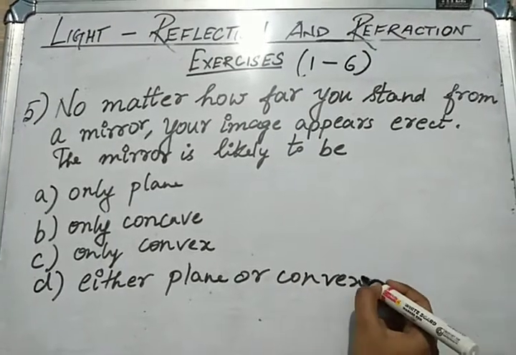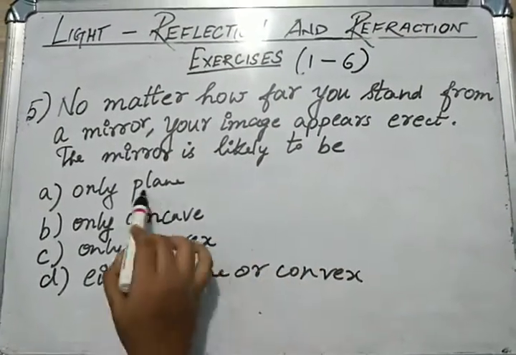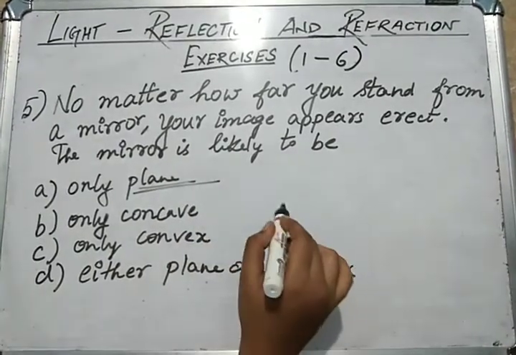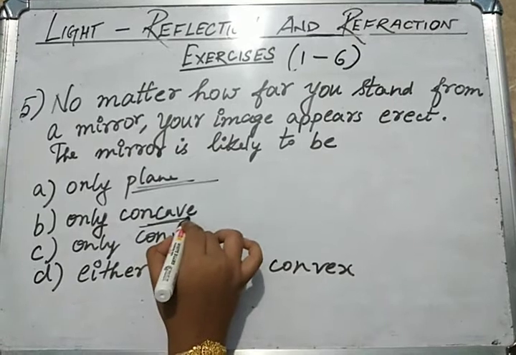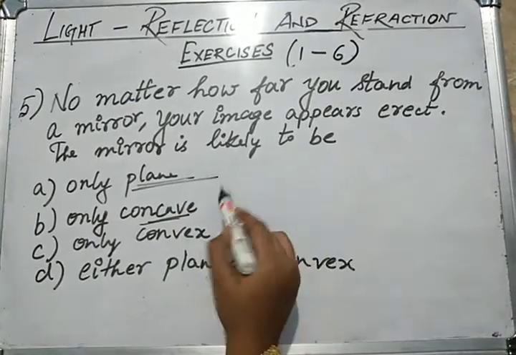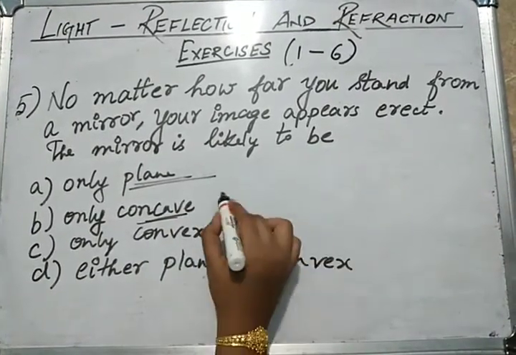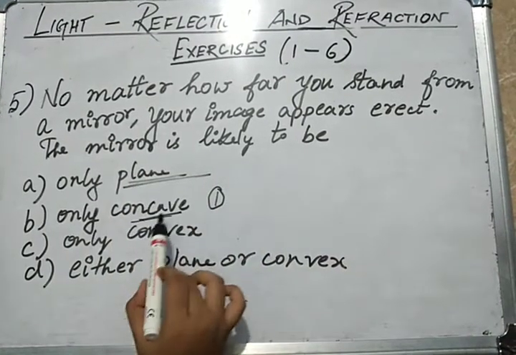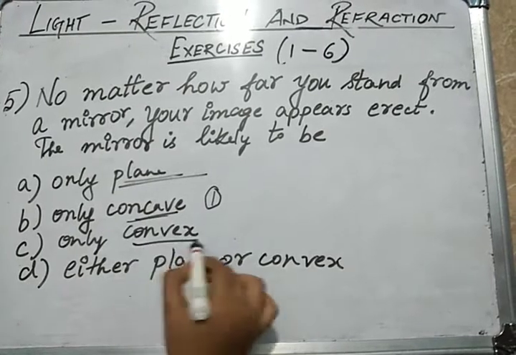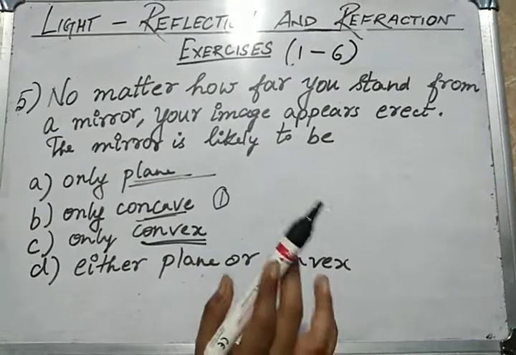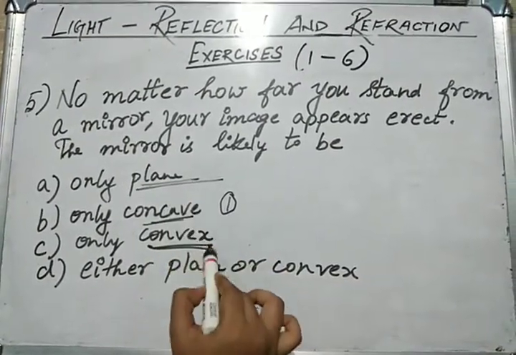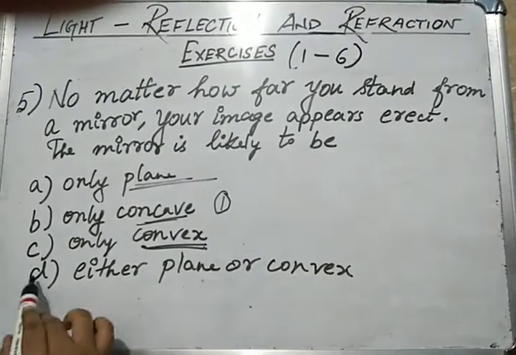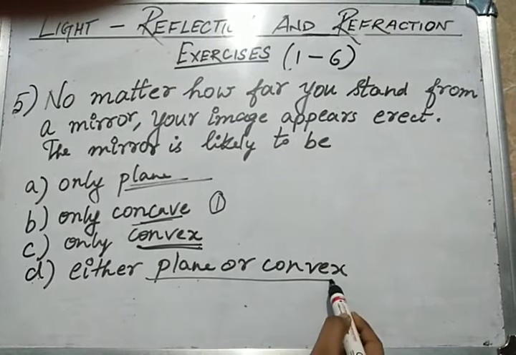So we have seen in the whole chapter that plane mirrors always form virtual and erect image. Concave mirrors generally form real and inverted image, but only in one case it forms virtual and erect image. Convex mirrors always form virtual and erect image. But here in option D you see either plane or convex.